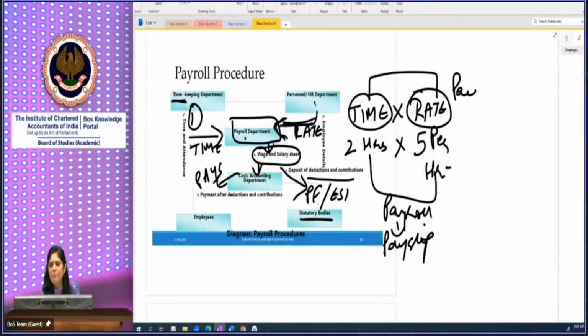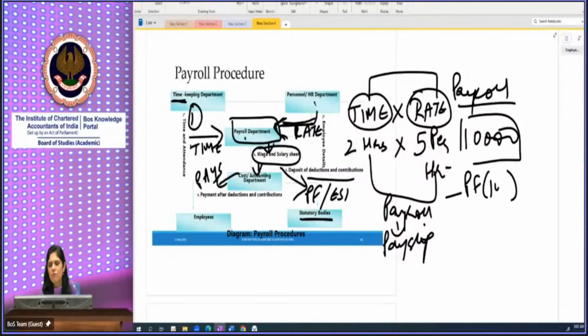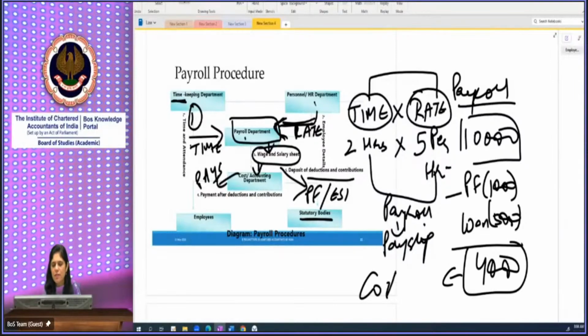So let us say the payroll department has computed 10,000 rupees for an employee. All right. Now the cost accounting department will deduct PF of 1,000. The employee must have taken a loan of, let us say, 5,000, and that loan is deducted. So the net amount of 4,000 is paid by the cost accounting department.